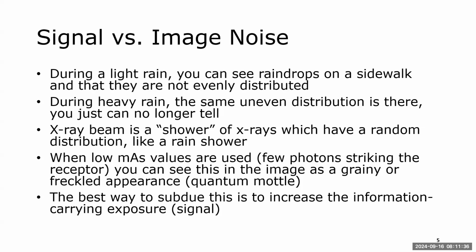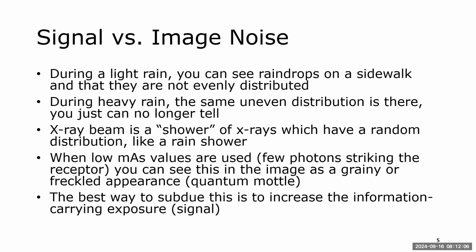When you're traveling along and you can hear everything really well, but the further you get from the tower for that station, what happens? Static. You begin to get this static noise, right? So the amount of signal is decreasing and the amount of noise is increasing, and that's bad if you're trying to hear the song, right? It's the same thing with signal and noise in the creation of an X-ray image.